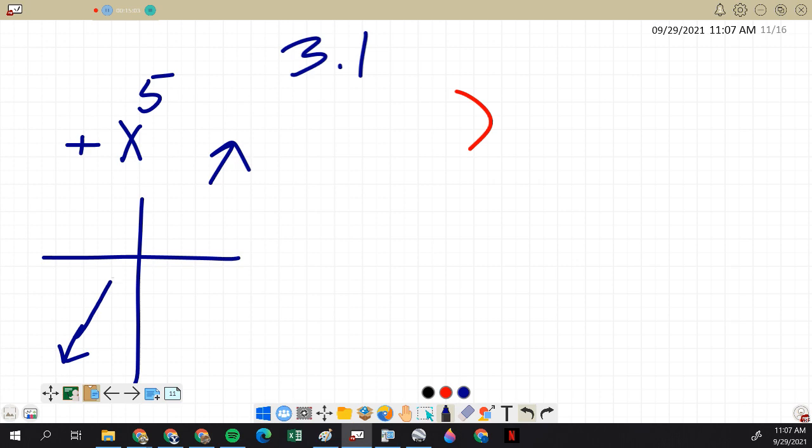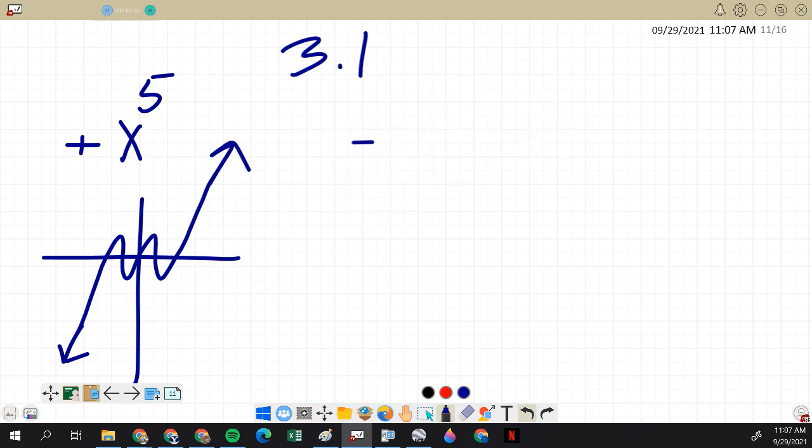It could do this and not have any direction changes. Okay? It could look like an x to the third. Or it could have 5 roots. We don't know. But I know that the left side is down and the right side is up because it's an x to the 5th graph and it's positive. Does that make sense? Okay.